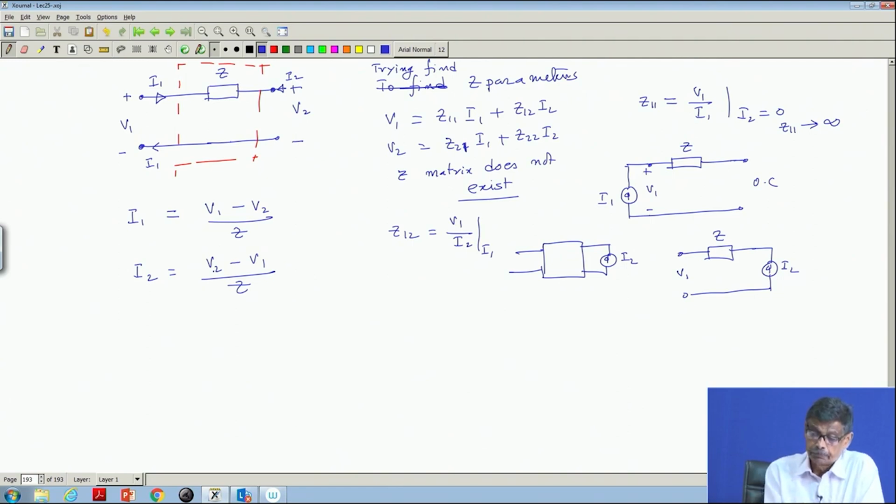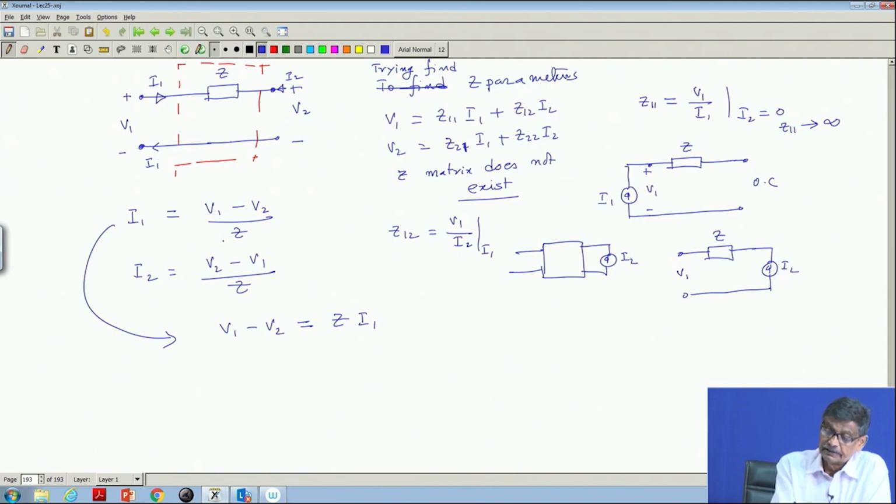Can I express V 1 and V 2 in terms of the currents? Let us write. From this we see that V 1 minus V 2 is equal to Z into I 1, that is good, this is the impedance Z. That is all. V 1 minus V 2 is Z I 1, but I cannot separate this V 2 out to write this.